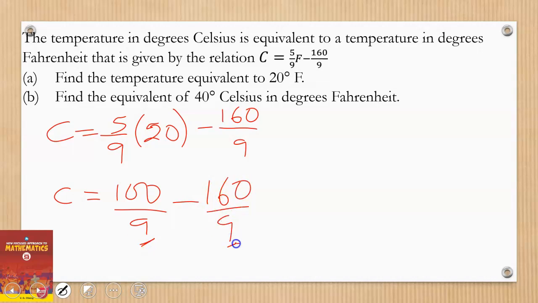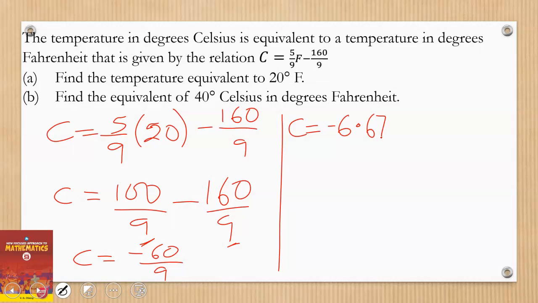Since the denominators are the same, we can just subtract the numerators, and then we have negative 60/9. Now negative 60/9 can be the final answer, or we can convert it to decimal as C equals negative 6.67 degrees. So that is the answer. That means 20 degrees Fahrenheit is negative 6.67 degrees Celsius.